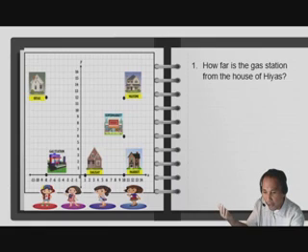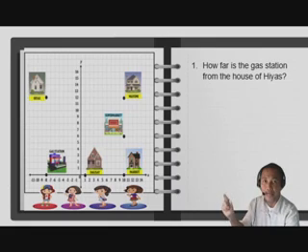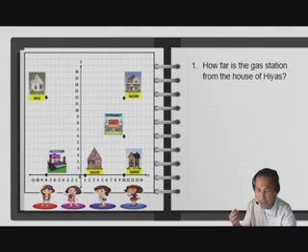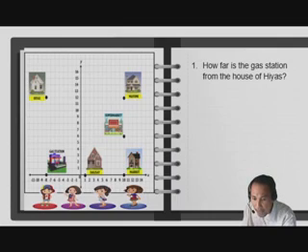We need to find the coordinates of the two points. For the gas station, this is -8, 0. And for Hiyas, that is -8, +12. So we are going to use those points.